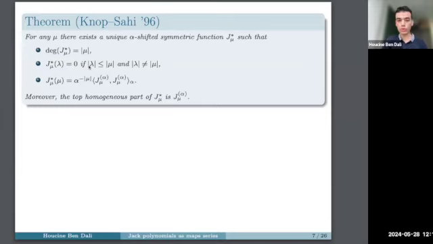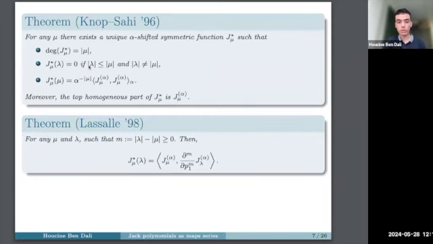This was the first definition of shifted Jack polynomials, given by Knop and Sahi. The second definition was given by Lassalle two years later, and it gives shifted Jack polynomials not as shifted symmetric functions, but as functions on Young diagrams. When we fix a partition mu and evaluate this J mu star on a partition lambda, we can obtain it by taking some derivation of the polynomial J lambda and then taking the scalar product against J mu alpha.